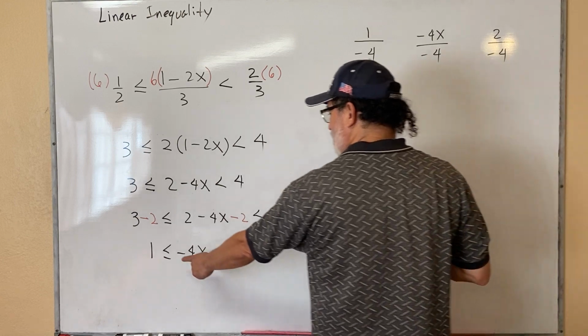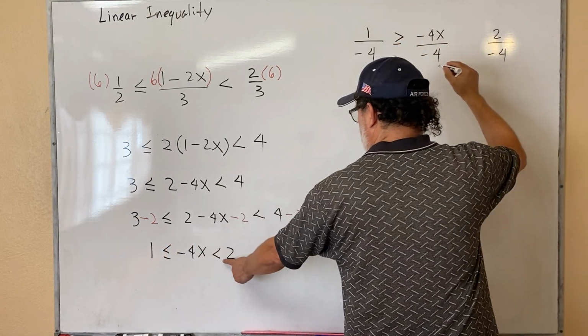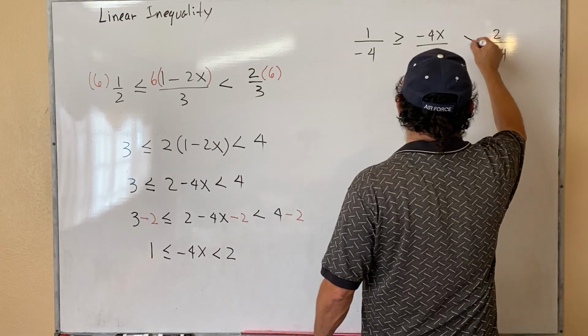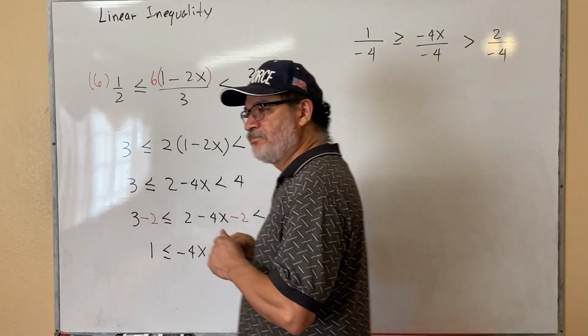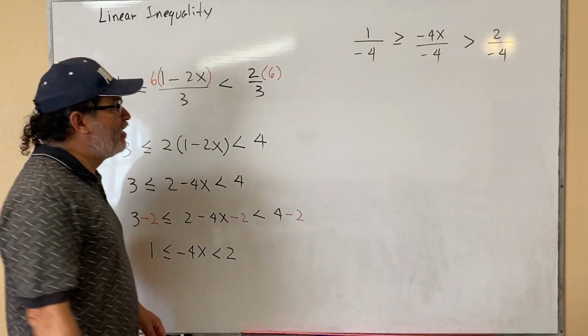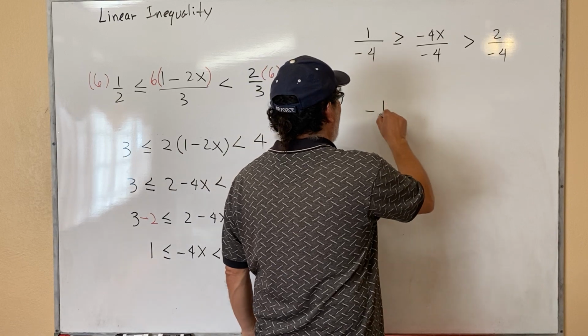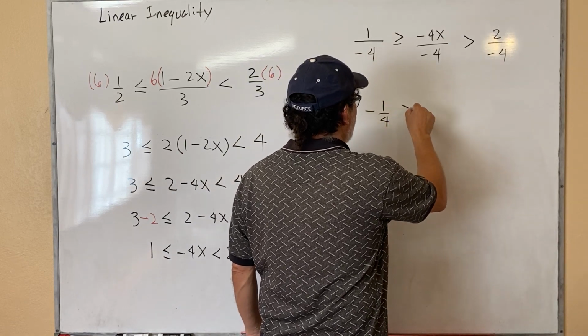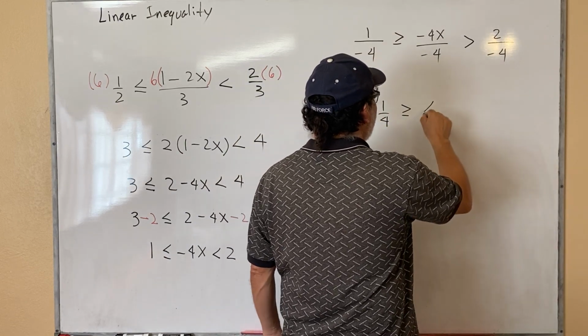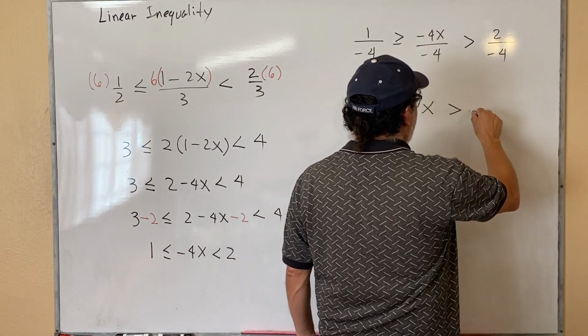And this inequality symbol is going to reverse, and this one is going to reverse. There you go. Now, this is negative 1/4. So negative 1/4 greater than or equal to x greater than, simplify this, negative 1/2.